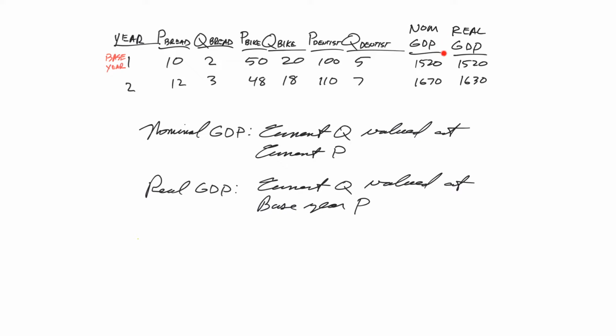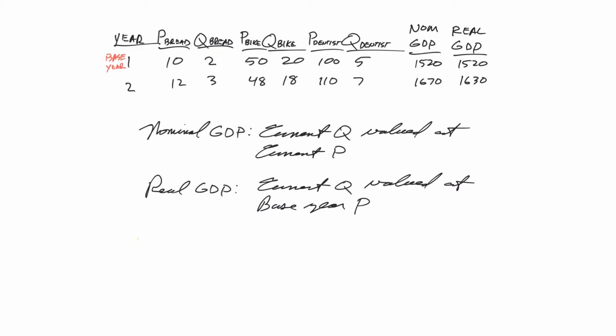Then we calculated real GDP. Real GDP is current output valued at base year prices. See, the thing is, with nominal GDP, it went from 1,520 to 1,670. It's gone up.